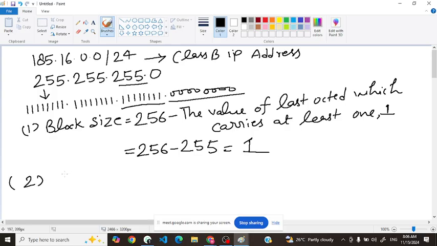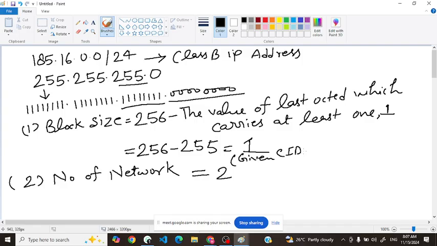Second one, number of networks. 2 to the power of the given CIDR value minus the default CIDR value. 16.